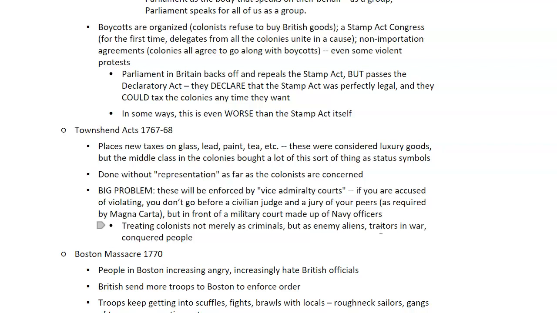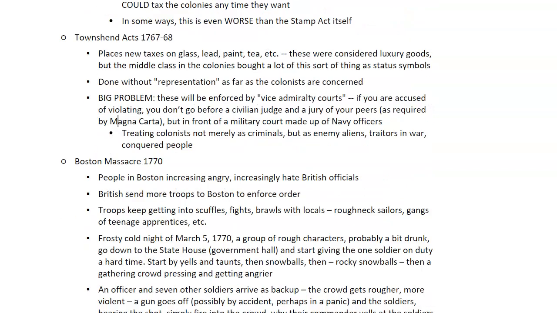Well, as you can imagine, that really gets people ticked off. And it particularly gets people ticked off in Boston. Boston is a great port city of the day. There was a lot of trade in and out of it, and a lot of smuggling. So they're the ones who sort of have the biggest stake in this.